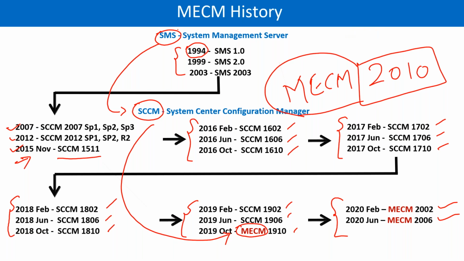From SMS to SCCM, they changed the complete architecture. From SCCM to MECM, they have not changed the architecture. It's on the same platform, same framework. The only thing is they have increased the capability and features.